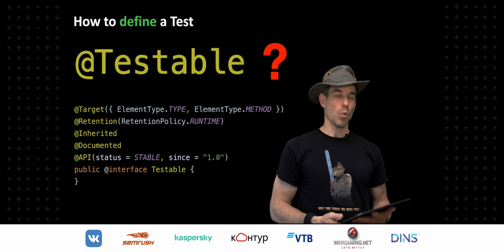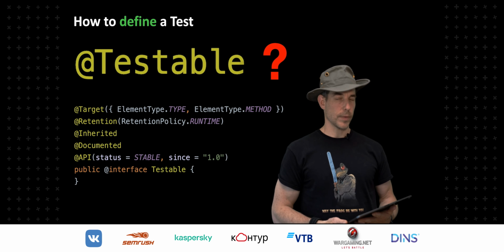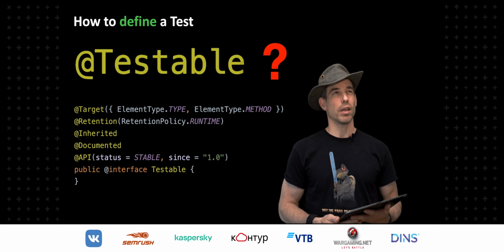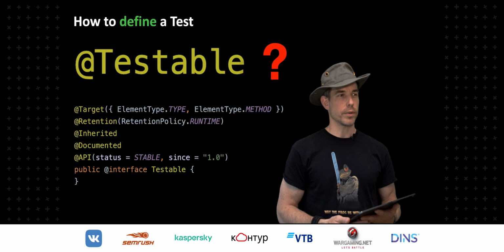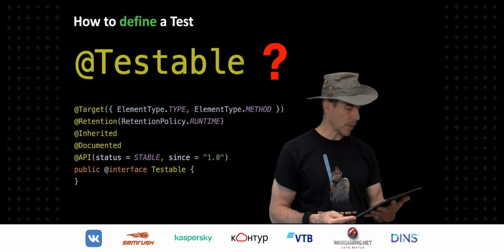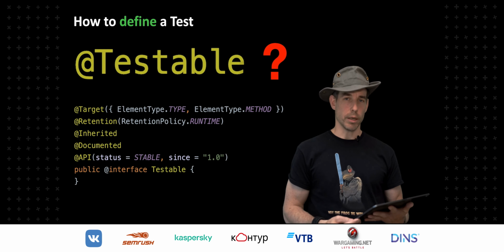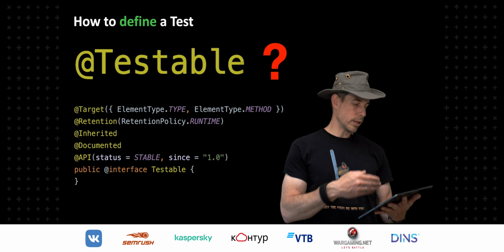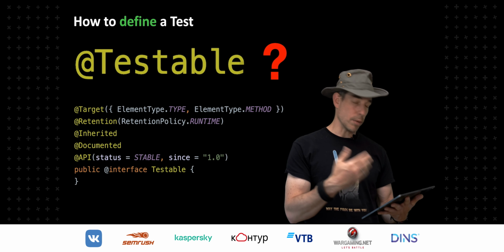Okay, what is testable? Testable is a hack. So the JUnit5 team discussed, I think initially with the IntelliJ people. I'm not sure, there's history, forget it. But right now @testable is here, and this is an annotation that could be on type or method level.